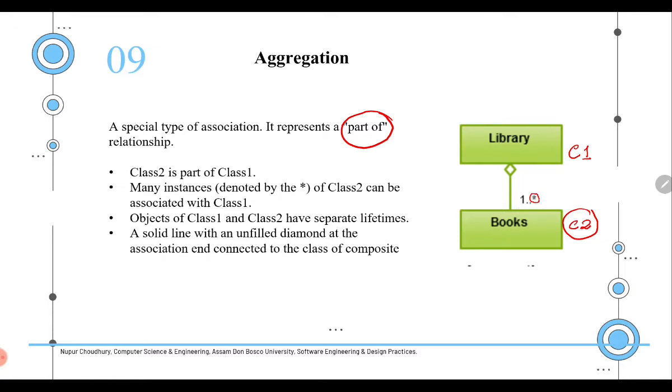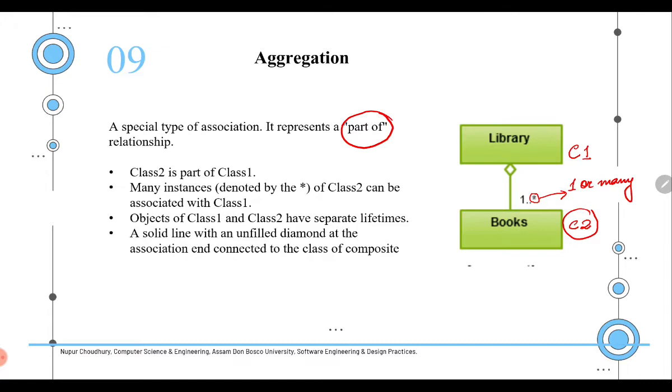So this basically means one or many. So a library can have one book or it can have many books. So one book can be a part of the library, or many books can be a part of the library. So this is denoted using the star.